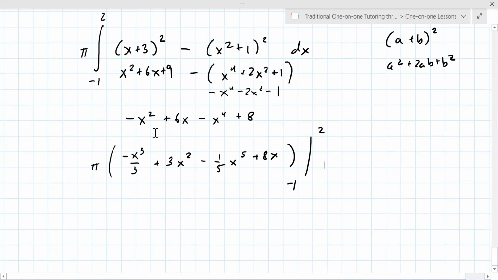And so then it's 3 times -1 squared, -1 to the 5th over 5, 8. So then that's -1/3.